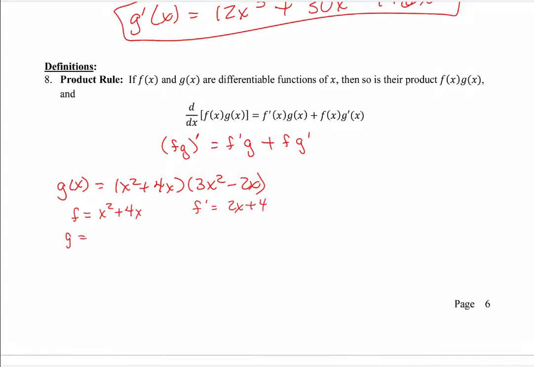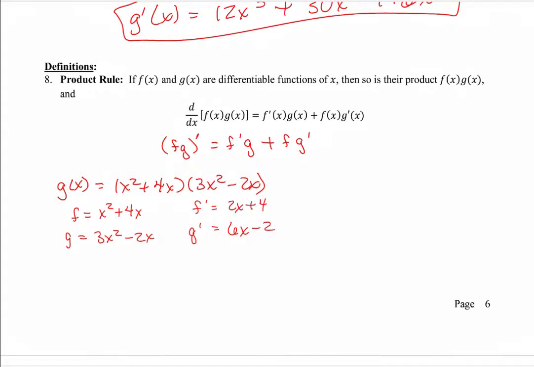And let g equal, I was going ahead and taking the derivative. Let g be 3x squared minus 2x, and let g prime equal 6x minus 2.